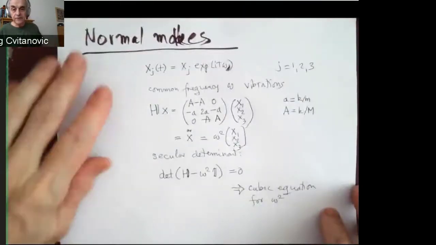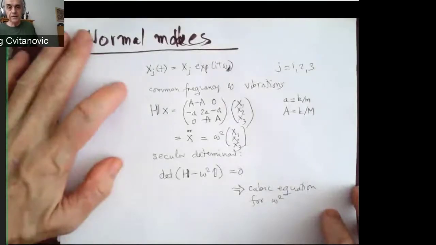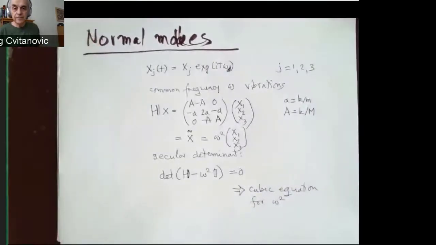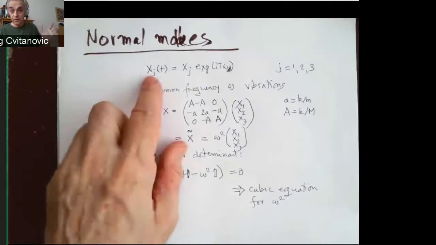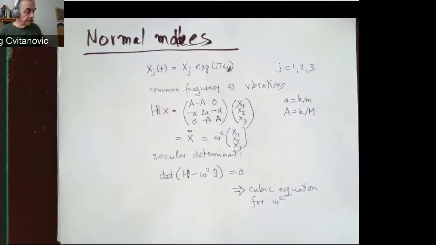We can write this in matrix form because it's a linear equation on the forces. We will look at a very special set of solutions for which the time dependence factors out. So let's look at solutions which are called normal modes of the system.